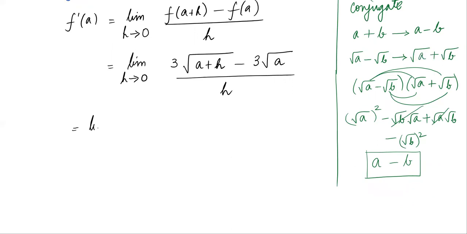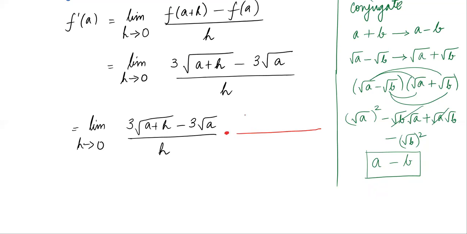So limit h approaches 0, 3 times, again, your h in the denominator is pretty simplified, so you really have no business dealing with that until the last step. So you are technically multiplying up and down by the conjugate, because that's how you'll balance it, right?